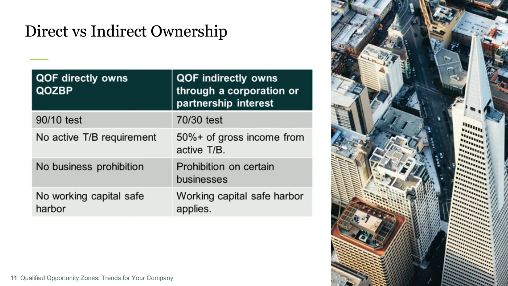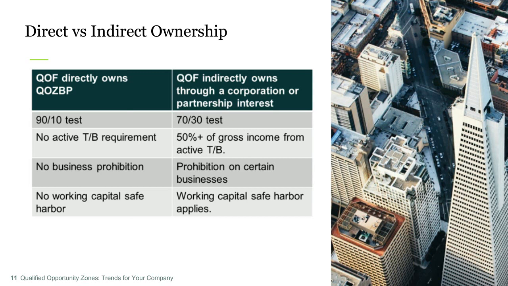So as an example, if you found a piece of land located in one of these designated census tracts, you could theoretically do a golf course directly there when the fund owns the asset directly. However, you wouldn't be able to do that through this tiered entity structure. We're not hearing a whole lot of people doing golf courses, so it hasn't been much of an issue thus far, but it is something else that's out there.